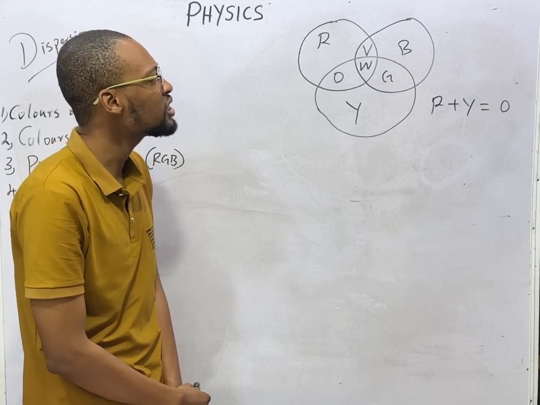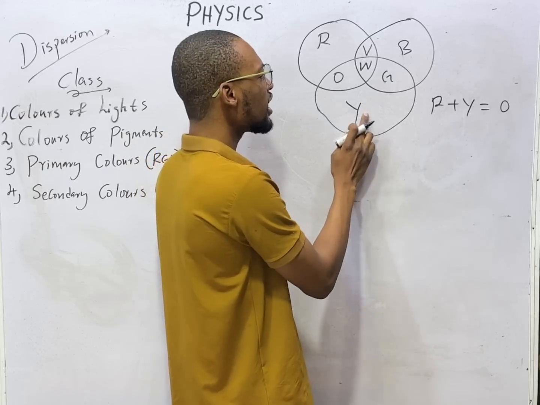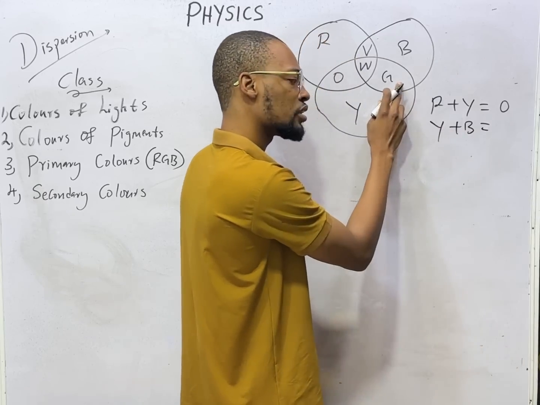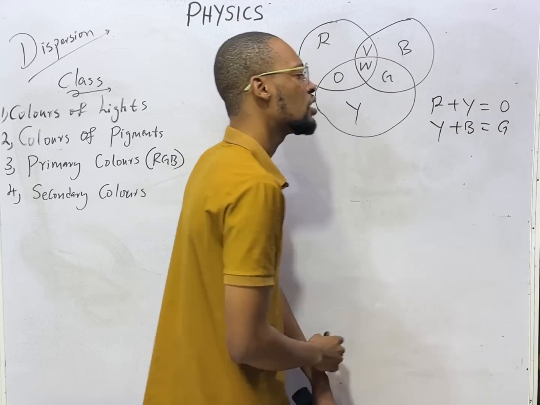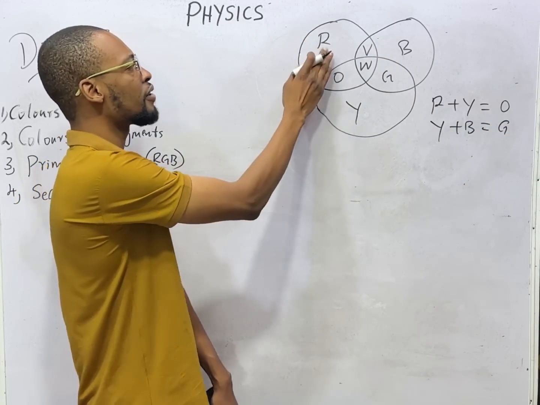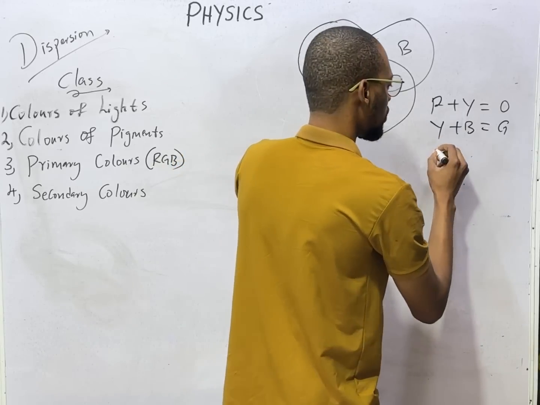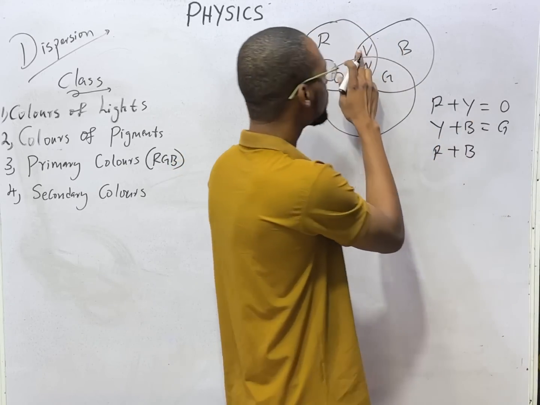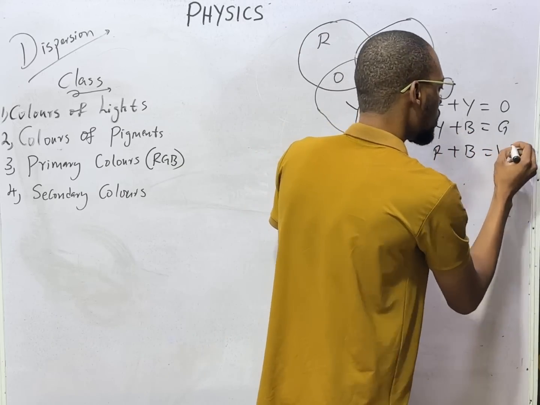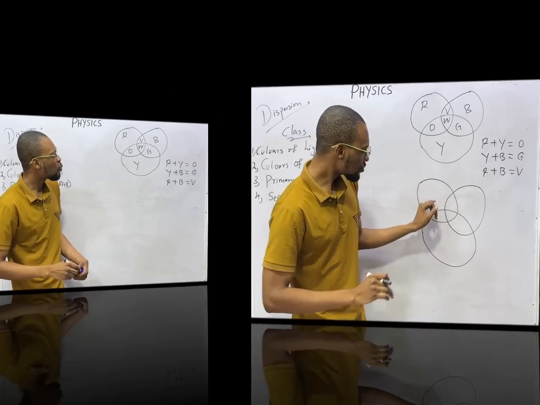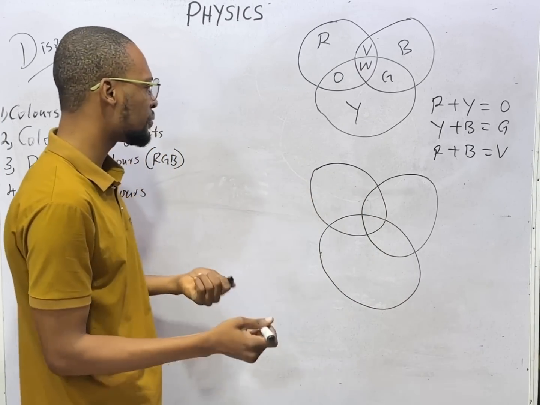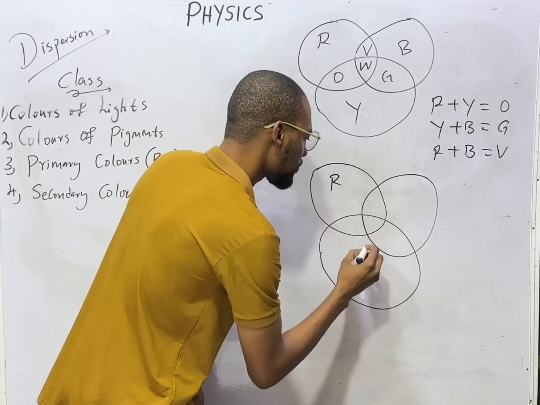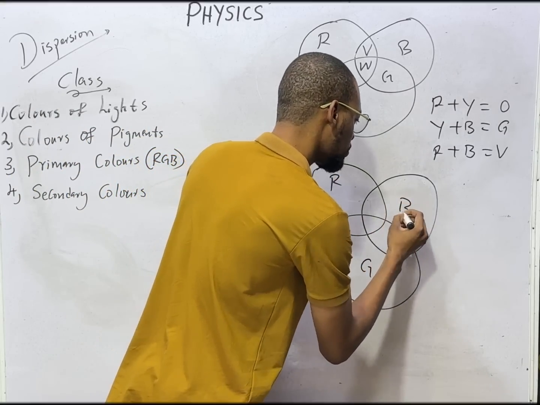What does that also mean? It means yellow plus blue should give you green. This also implies that red plus blue should give you violet. If we have this, let's look at the primary colors we said. RGB. Let's say red, green, and blue.